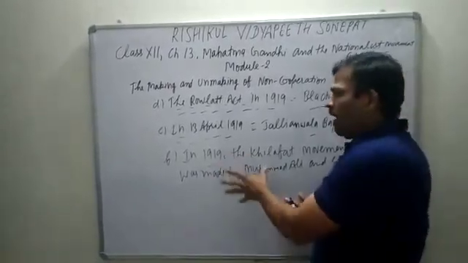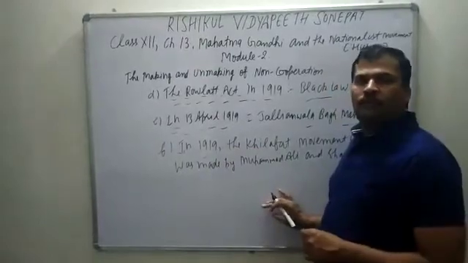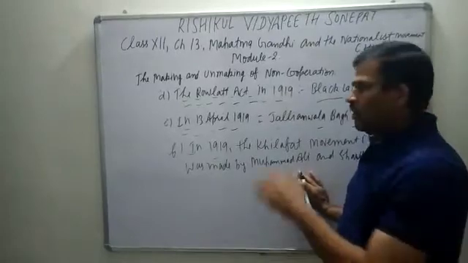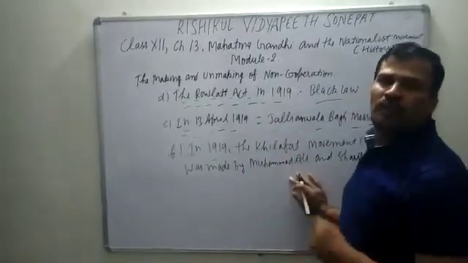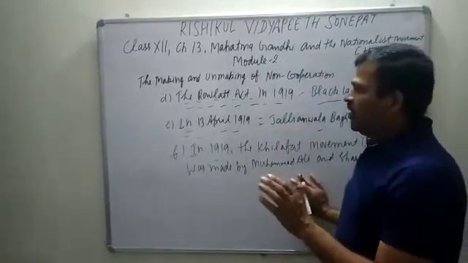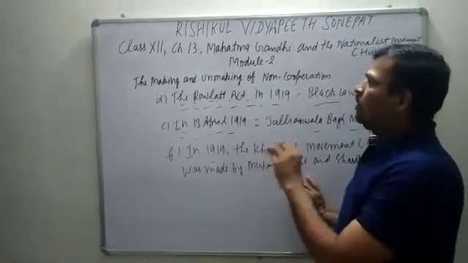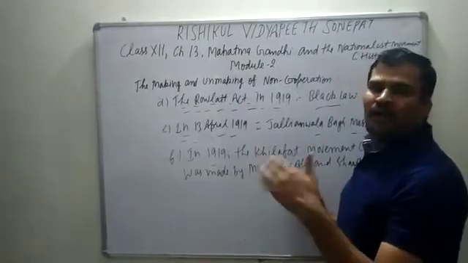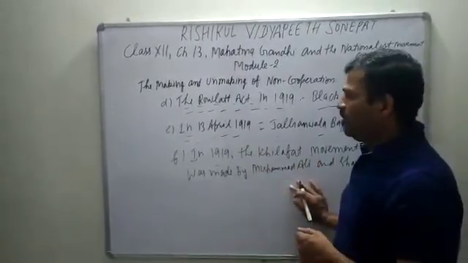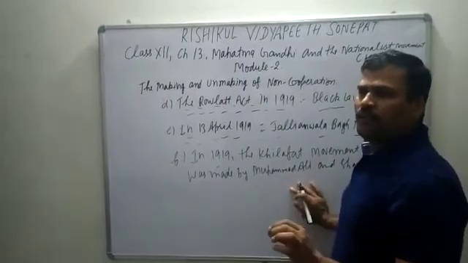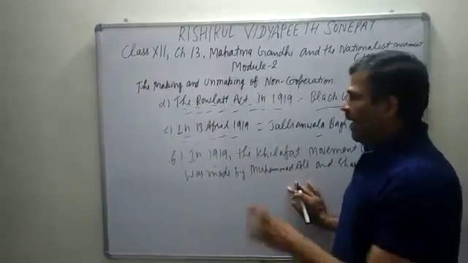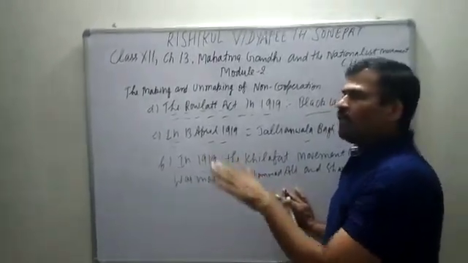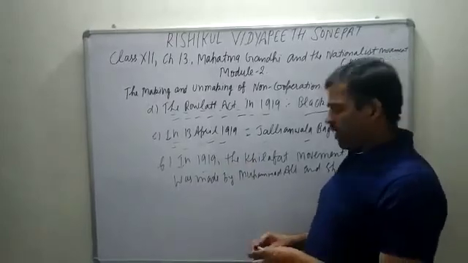So Mahatma Gandhi took advantage here. He joined both communities, Hindu as well as Muslim. So we can say that here the making of non-cooperation was started by Mahatma Gandhi, the first step for freedom, and this will open the door for other struggle movements started by Mahatma Gandhi.